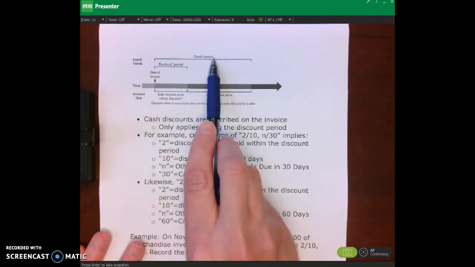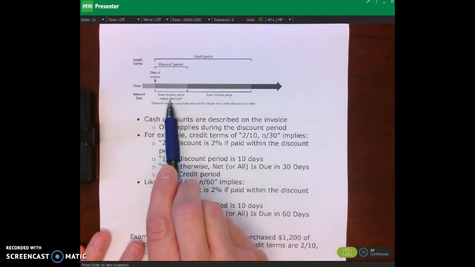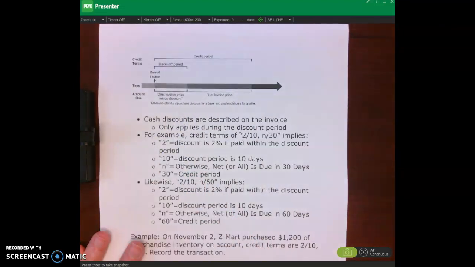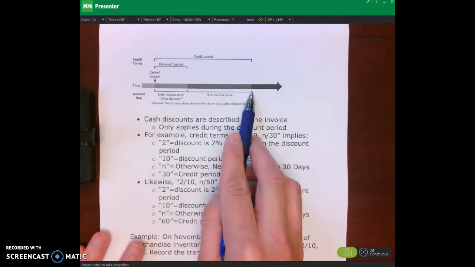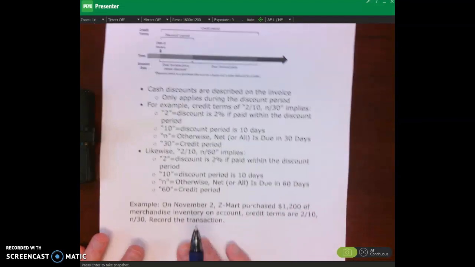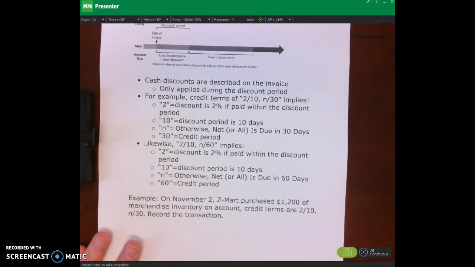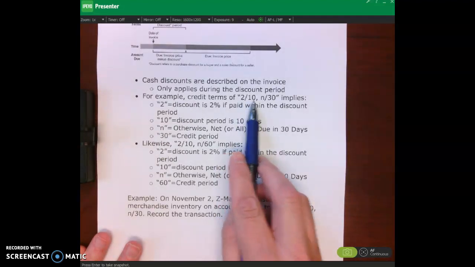The credit period is 30 days. If you pay within 10 days, you pay the invoice price minus the discount, which maybe is like 2%, 3%, whatever. If you wait more than 10 days to pay, you pay the full amount. That's what that's saying right over here. Okay? So the way these credit terms are written is like this: 2, 10, and 30.